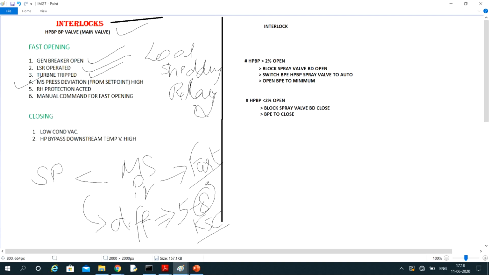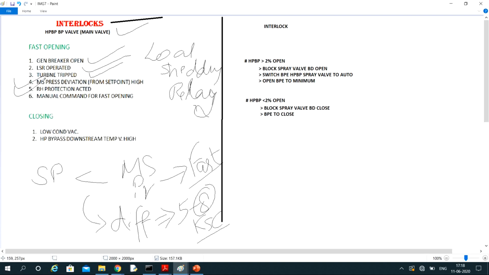Also reheater protection. Reheater protection is a combined logic where we get the idea of whether there is flow in the reheater or not. Because if there is no flow in the reheater, it can lead to starvation. I have told you earlier about the damage of the reheater circuit. So the combined set of logic for reheater protection is there. We will talk about it in later videos.